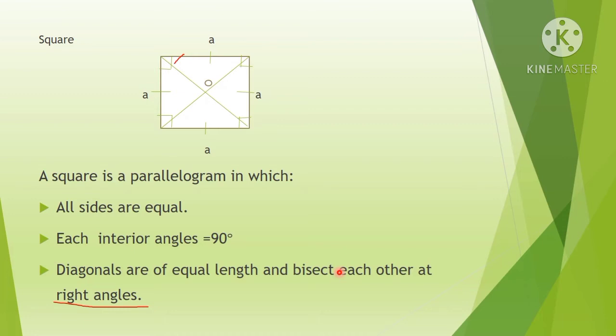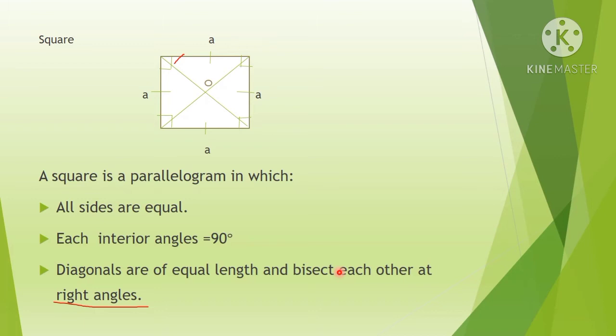What is the meaning of bisect, children? Each diagonal cuts the other into two equal parts. If they bisect each other, it means the diagonals are equal, as we have just seen for the rectangle.